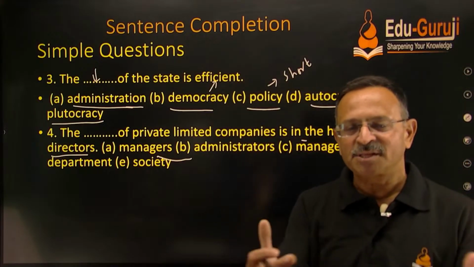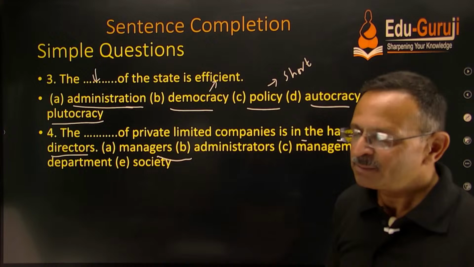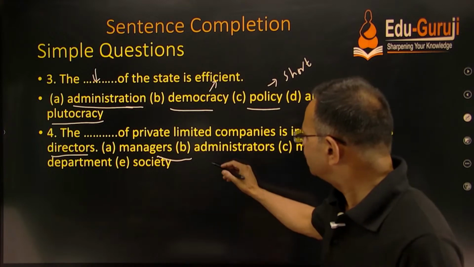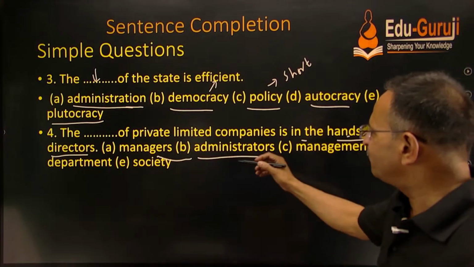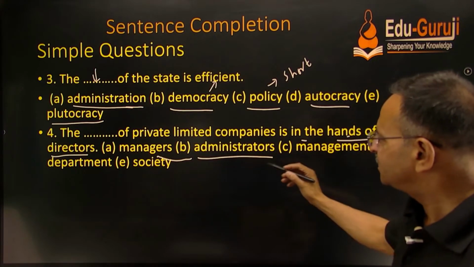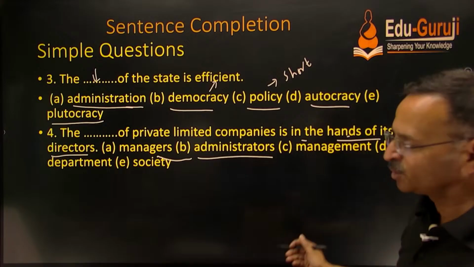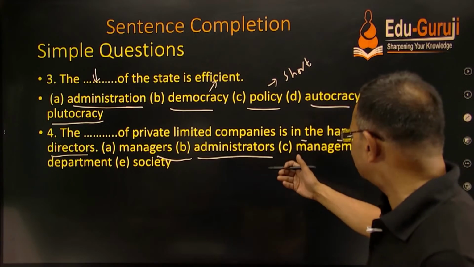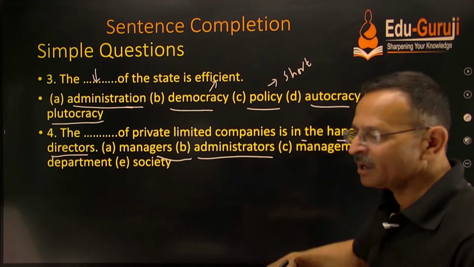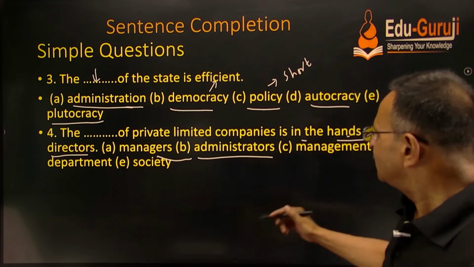The directors are the policy makers. So obviously, managers are not doing that. Then you have administrators here. So what we are looking for is something, the administrators of the private. No, that cannot be possible, because again, administrators are the executional part.